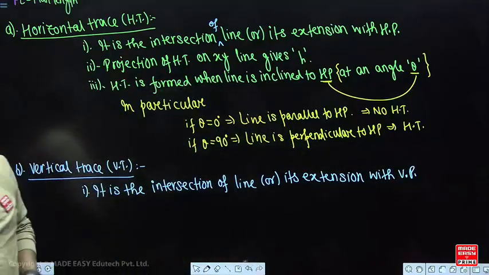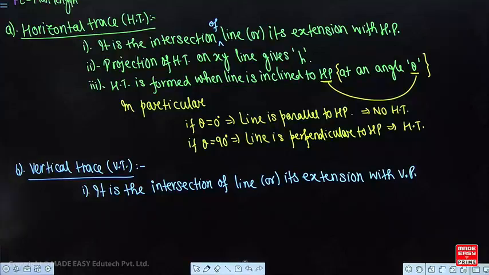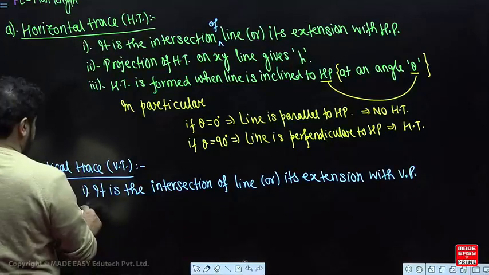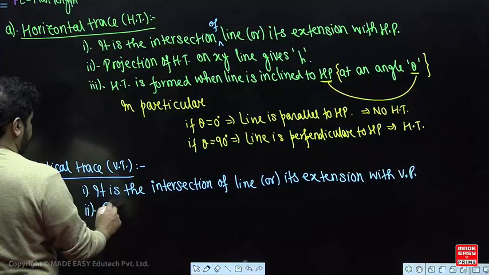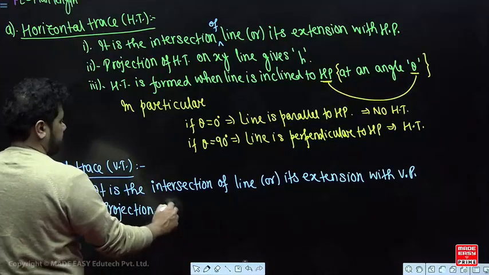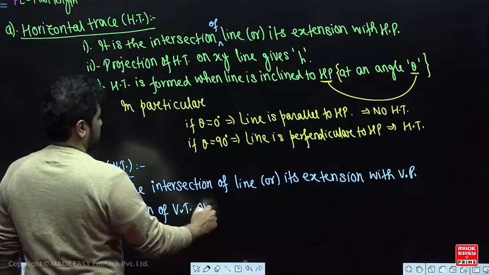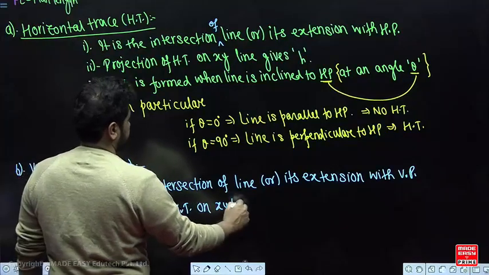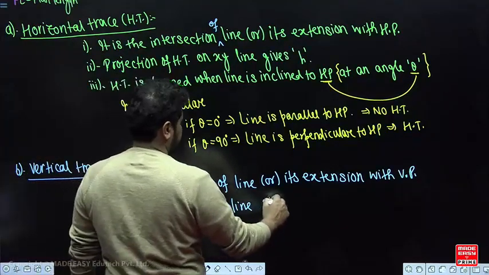Second, the projection of the vertical trace on the XY line gives small v.